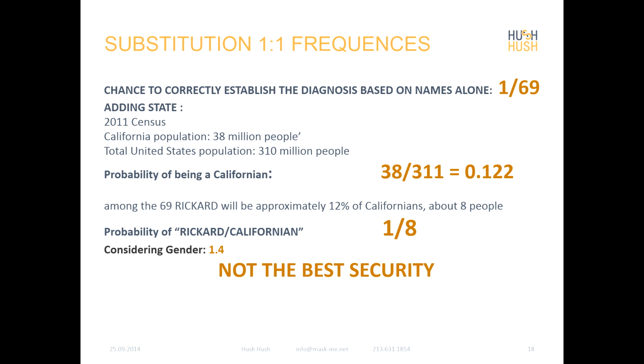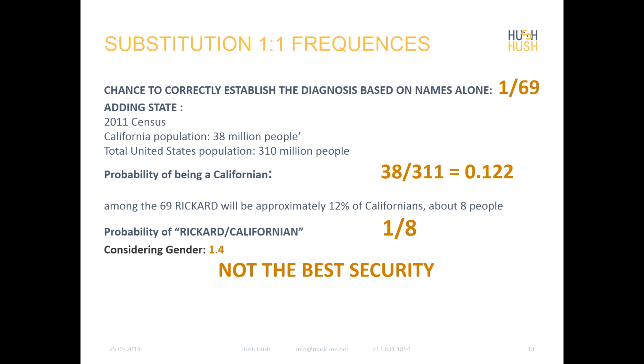The United States has, total, approximately 310 million people. The probability that a person in the database is from California is therefore 38 out of 311, or 0.122. Therefore, approximately 12% of the 69 instances of Rickard will be Californian, or about 8 people.